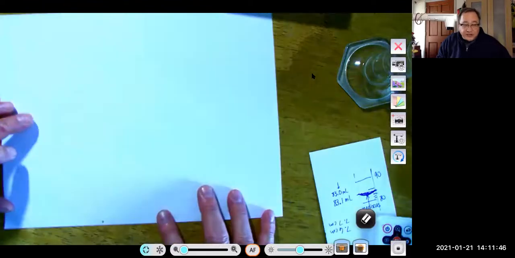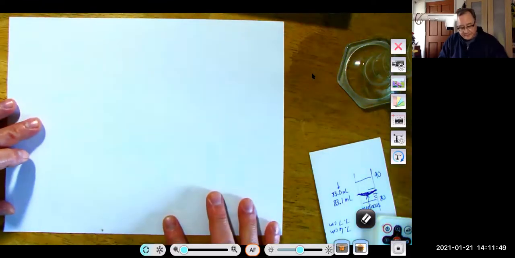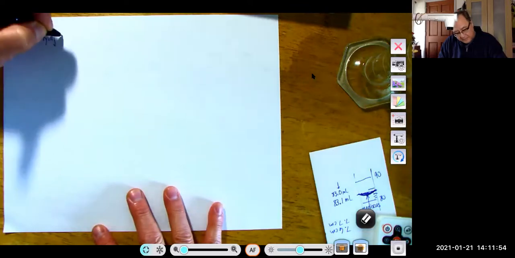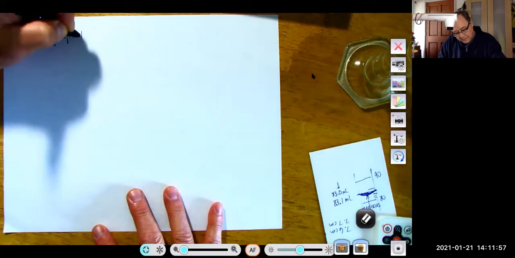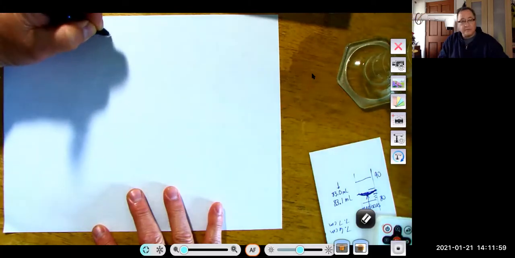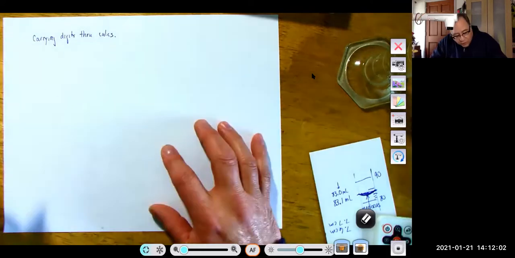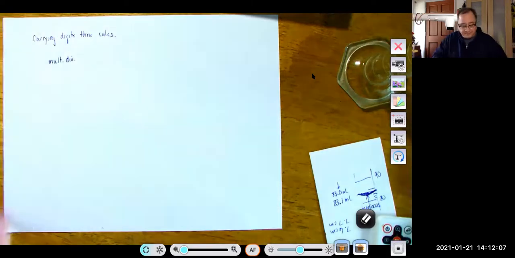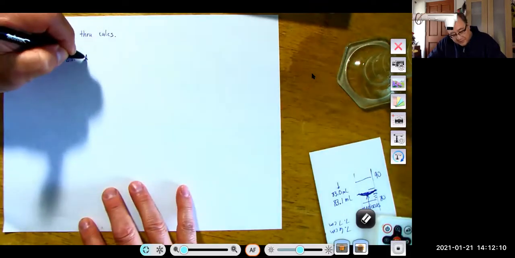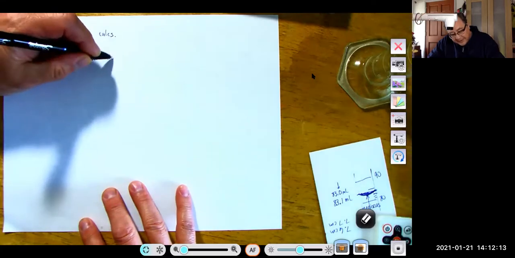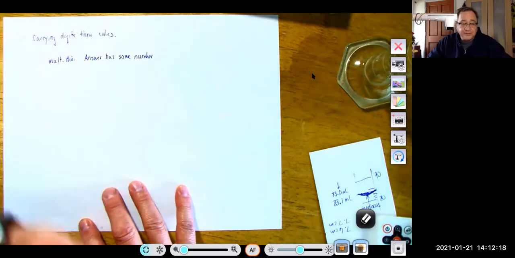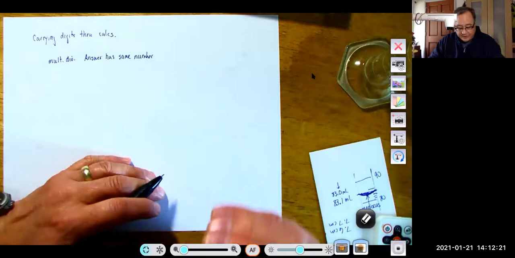Now we need the rules for carrying digits through calculations. So we have a rule for multiplication and division. It's the same rule. The answer has the same number of significant figures as the beginning number with the fewest.